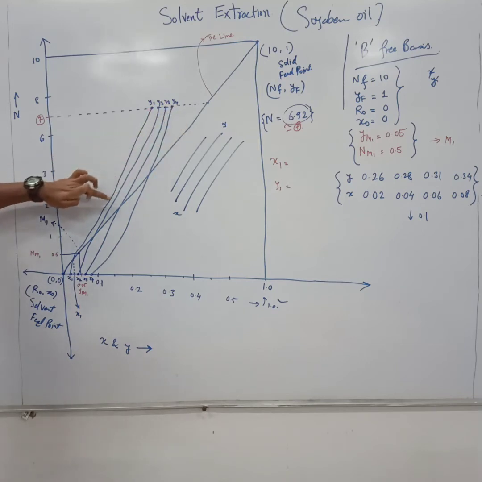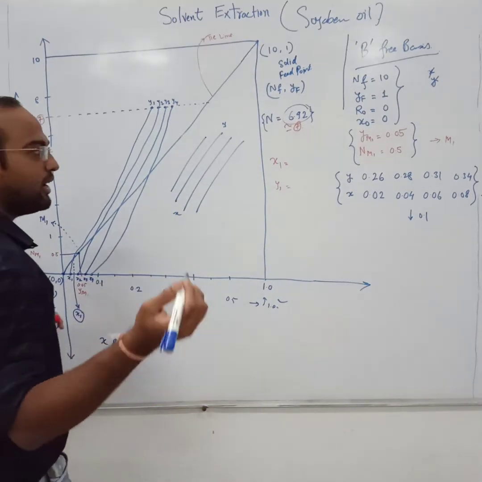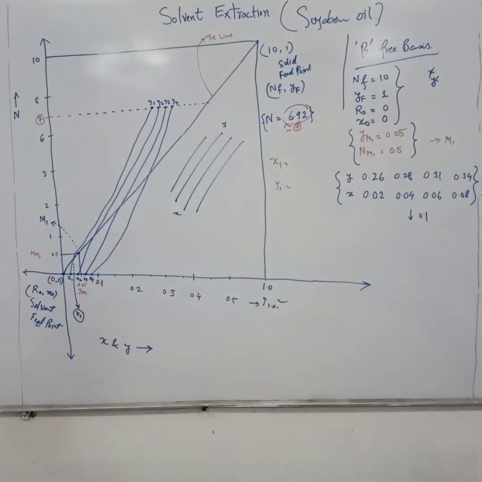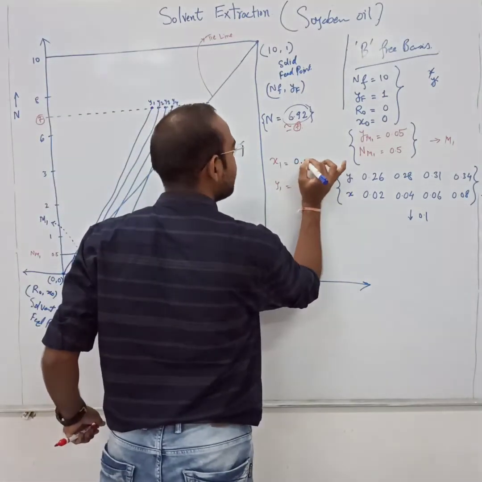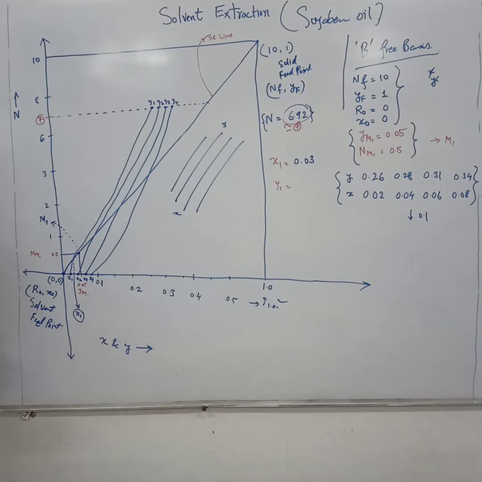This is your tie line, and where it cuts, draw a small vertical downward line on the horizontal axis, and you can find your x1 value. I am getting from the graph somewhat 0.03, sorry, 0.03 when you actually solve in your graph book.